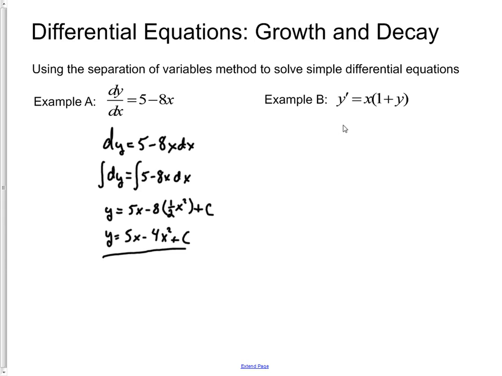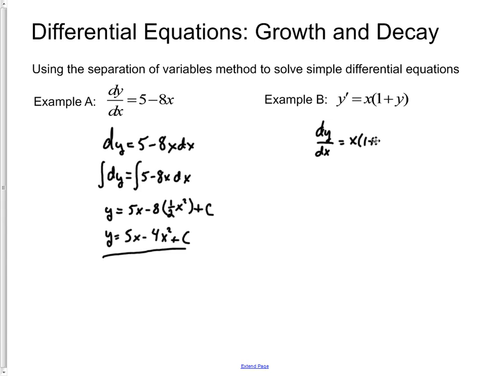When we say separation of variables, our goal here is to get all the y terms and dy terms together, and all the x and dx terms together. So we'll start by rewriting y prime. Y prime is our short notation for dy dx, equals x times 1 plus y.